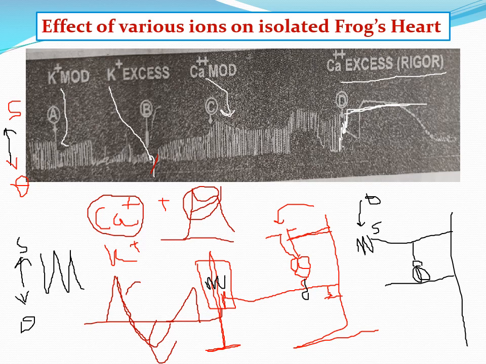If we add calcium, it stimulates the heart, and there is an increase in rate and force of contraction. But if the calcium is in excess amount, then the heart stops in systole. Remember the role of calcium, why it happens, what is the mechanism behind it.